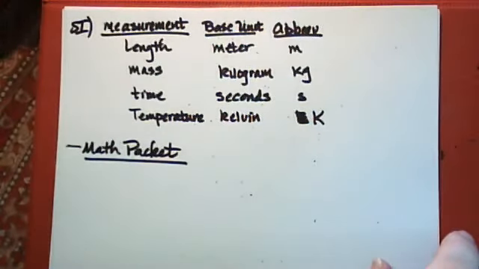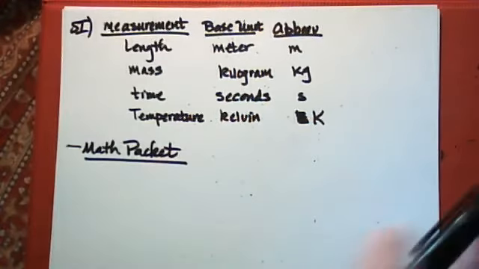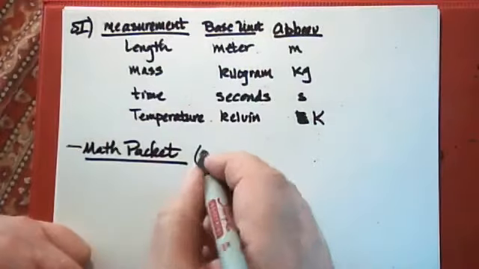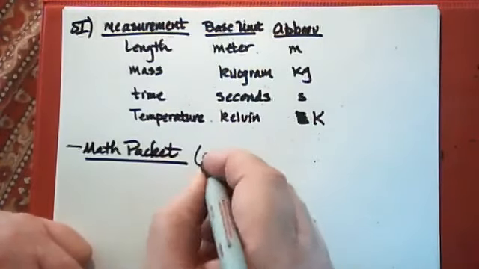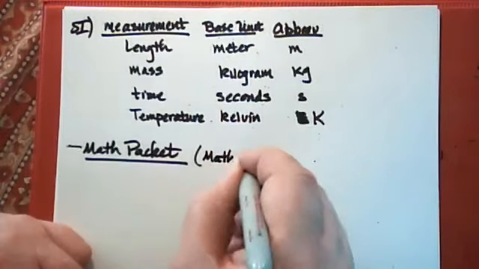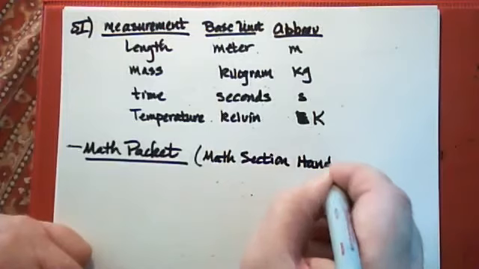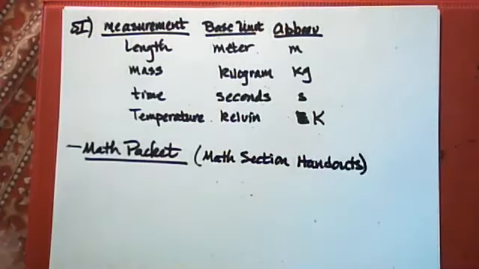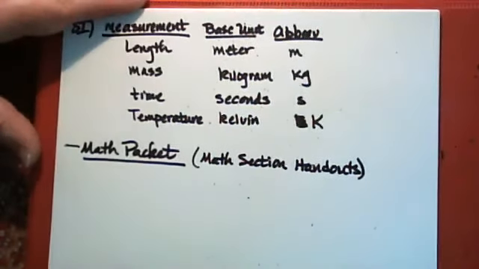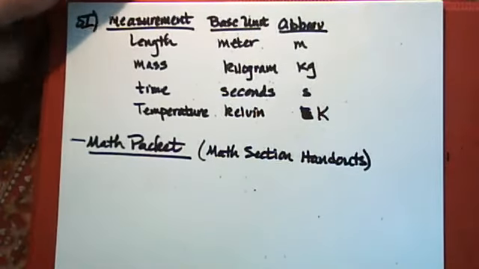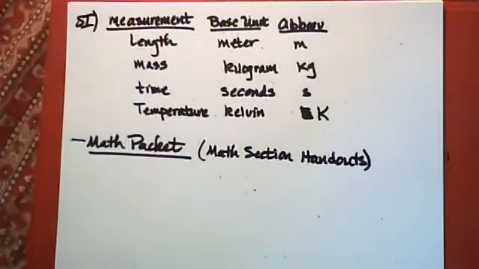Basically, the math packet will be our textbook for the first couple of weeks of the course. The math packet is actually entitled Math Section Handouts, in case it's listed under that in Blackboard. So you can look at it online or you can print it out, whichever you prefer.